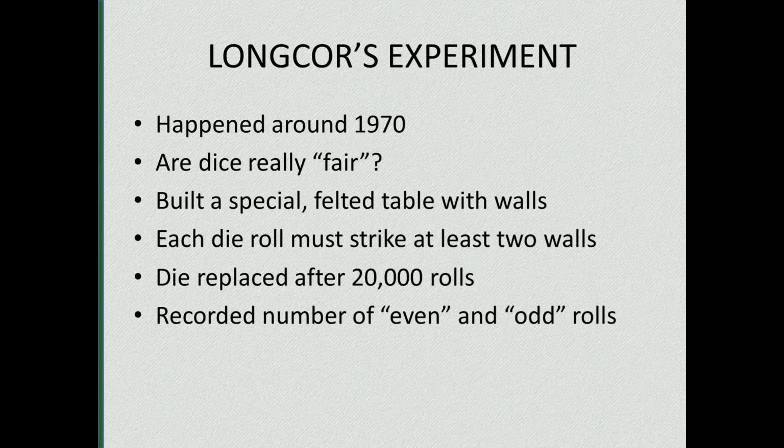Each die is replaced after 20,000 rolls to reduce impact of wear and tear on the die. And he records how many even and odd numbers were obtained in each batch. And after each batch of 20,000 rolls, he sends the results into Harvard.